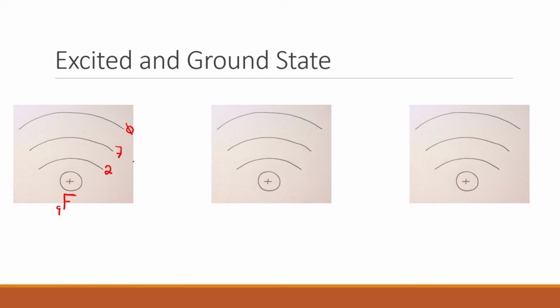If we were to add energy to fluorine, if we were going to electrocute fluorine or put fluorine in fire or have something collide, right, and give some friction energy to fluorine, one of these electrons would jump up to a higher shell.